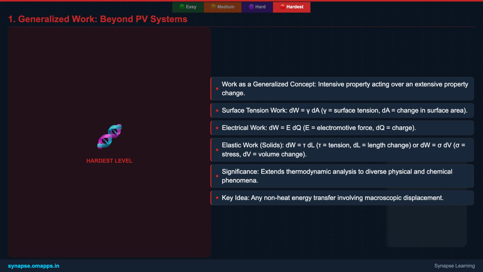Electrical work, critical in electrochemistry, is given by E dq, linking electromotive force and charge. Elastic work, relevant for solids, involves stress and strain, like tau dl for stretching. These examples highlight that work is a generalized concept, an intensive property acting over a change in an extensive property. This broader understanding allows us to apply thermodynamic principles to a much wider range of physical and chemical phenomena.